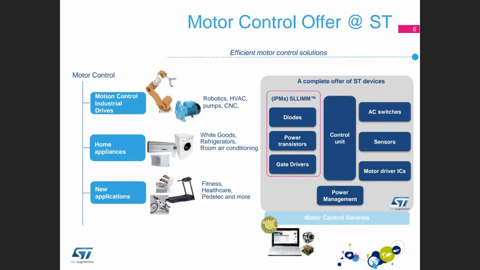In our approach, we have some library. What are they? Diodes, power transistors, gate drivers, control unit, some switches, sensors, current sensor, voltage sensor, position sensor, and also motor driver IC and power management chips. But after completion of all this hardware step, we need motor control libraries.